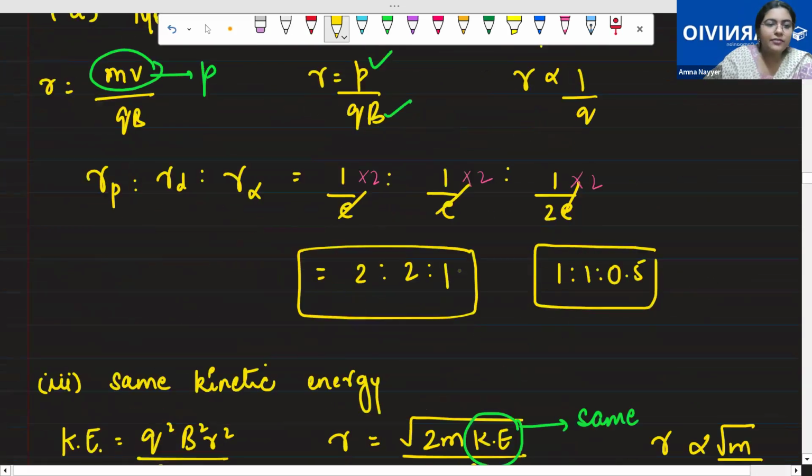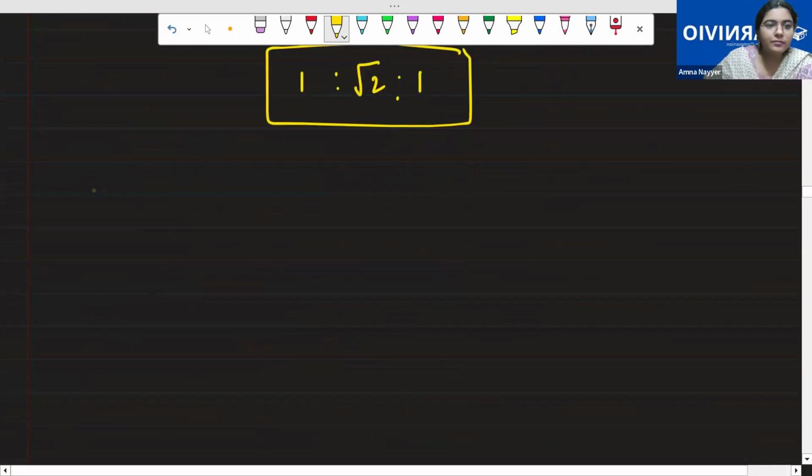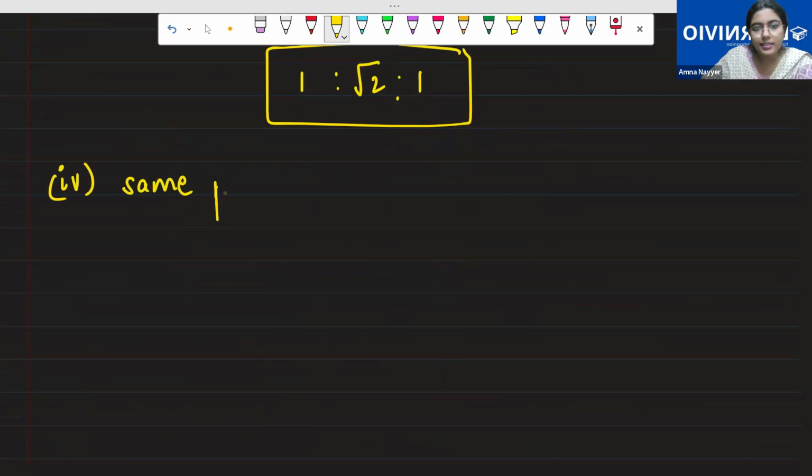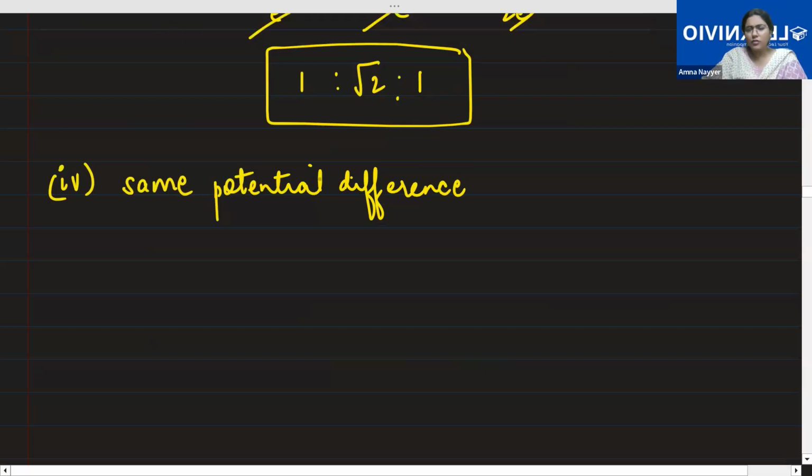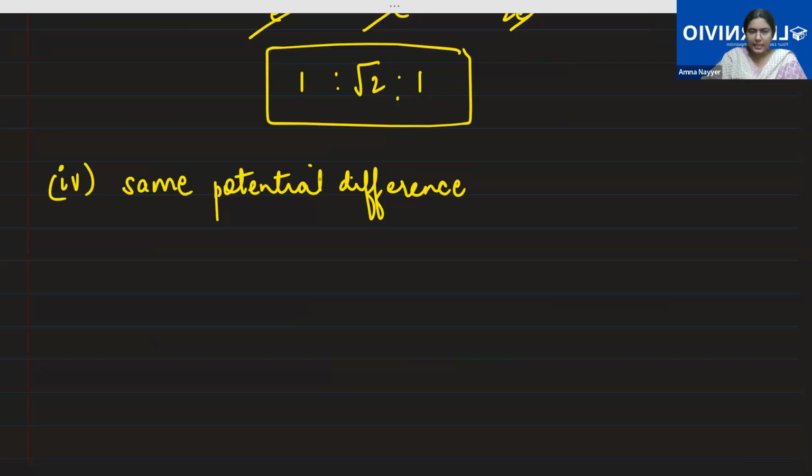Coming to the last one: same potential difference. This is completely new for you, and we'll be studying it in the chapter Dual Nature of Matter and Radiation. Basically, potential energy is connected with kinetic energy.